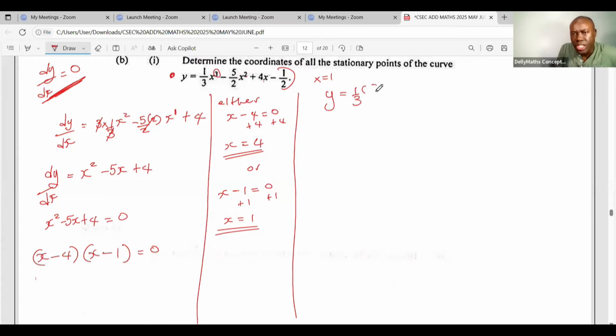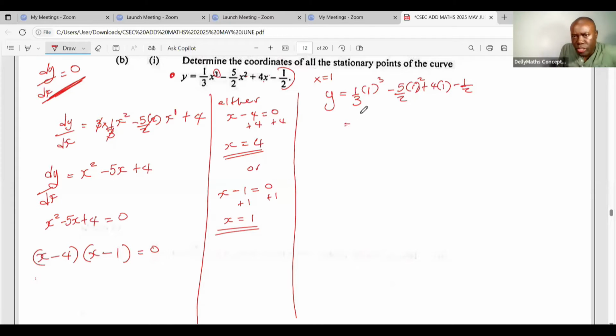So I'm going back to the original: x to the third, but x is 1, so 1 to the third, minus 5 over 2 x squared, plus 4 times 1, minus a half. So basically what we're doing there is substituting the values for x that we have at the stationary point in the original to find the y value, right?